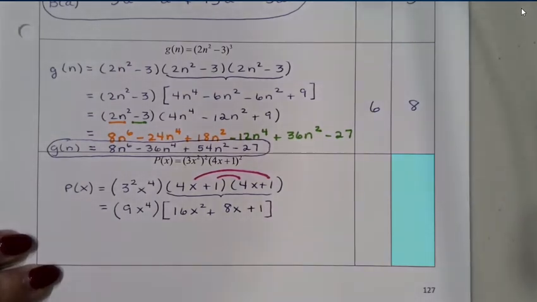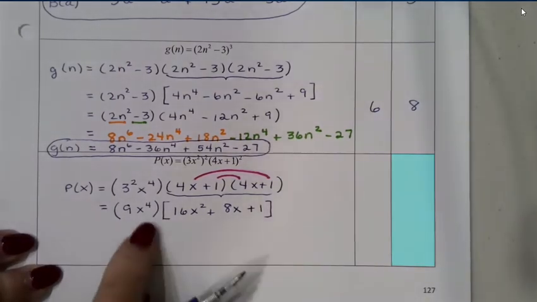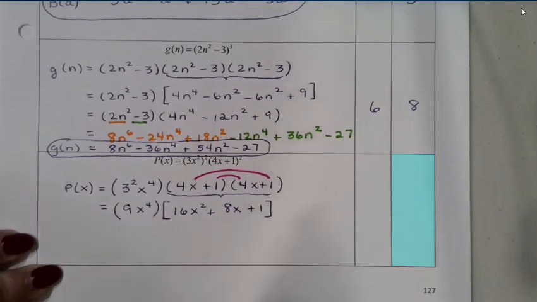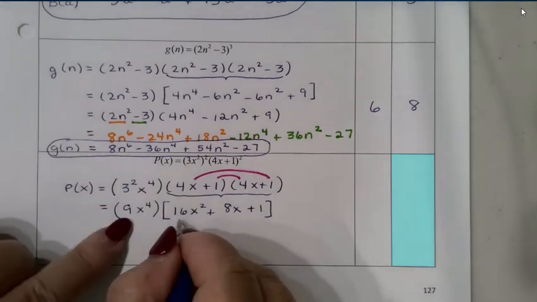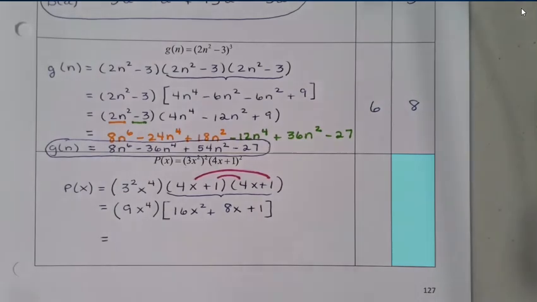All right, now I can take this 9x to the 4th and distribute it into my brackets. So 9 times 16, is that 144? I think it is, but let me double check on that. Yeah, 144.